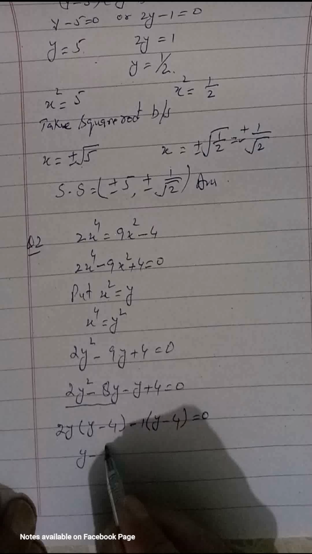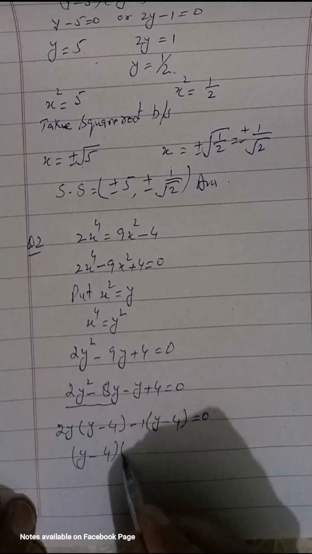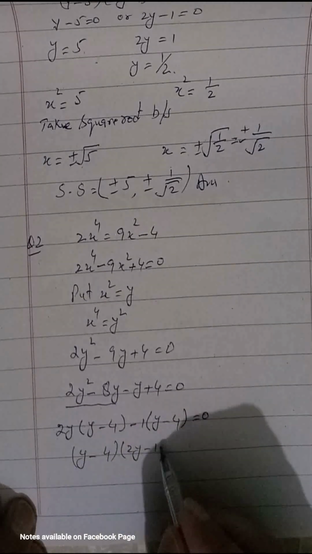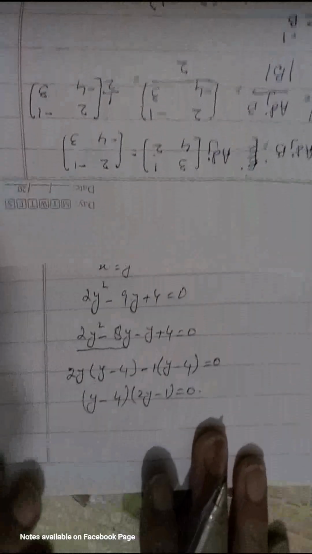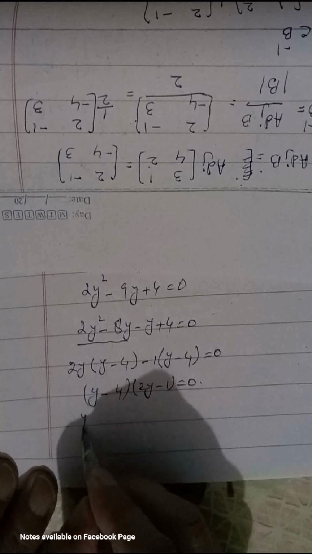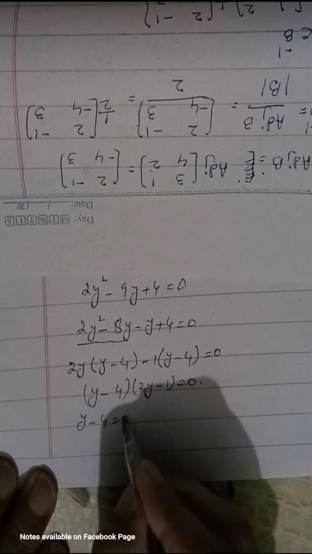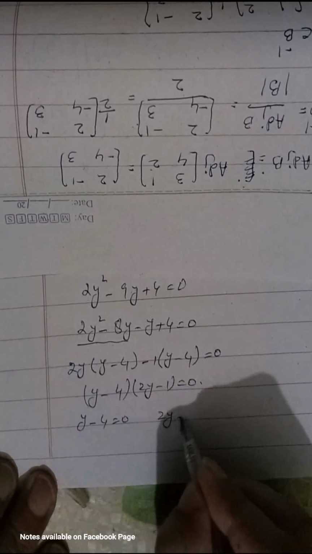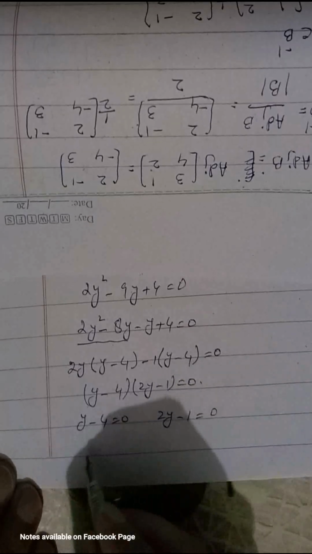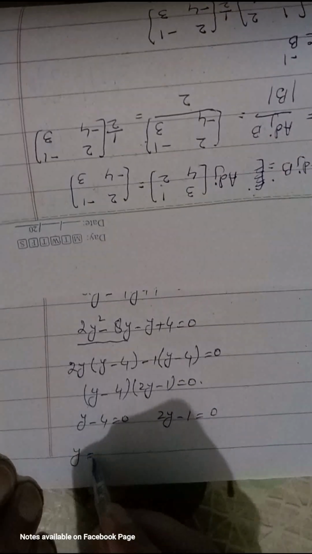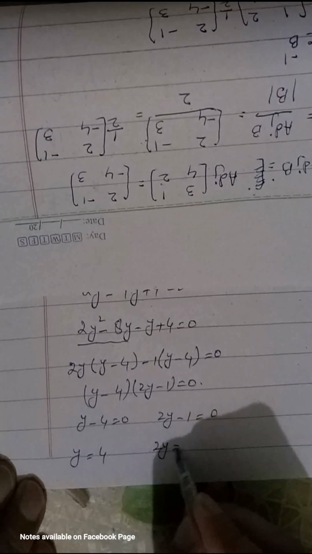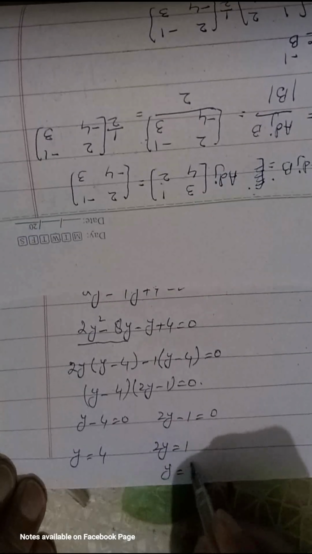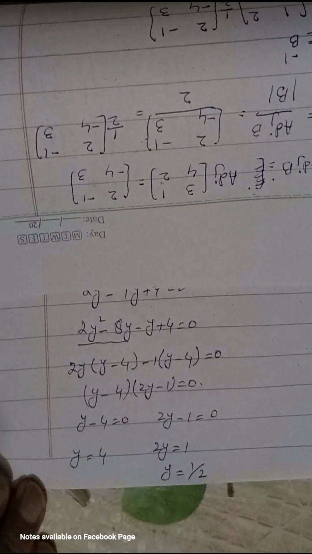So y minus 4 and 2y minus 1 is equal to 0. Here y minus 4 is equal to 0 or 2y minus 1 is equal to 0, and y is equal to 4 and the other is 2y is equal to 1 and y is equal to 1 over 2.